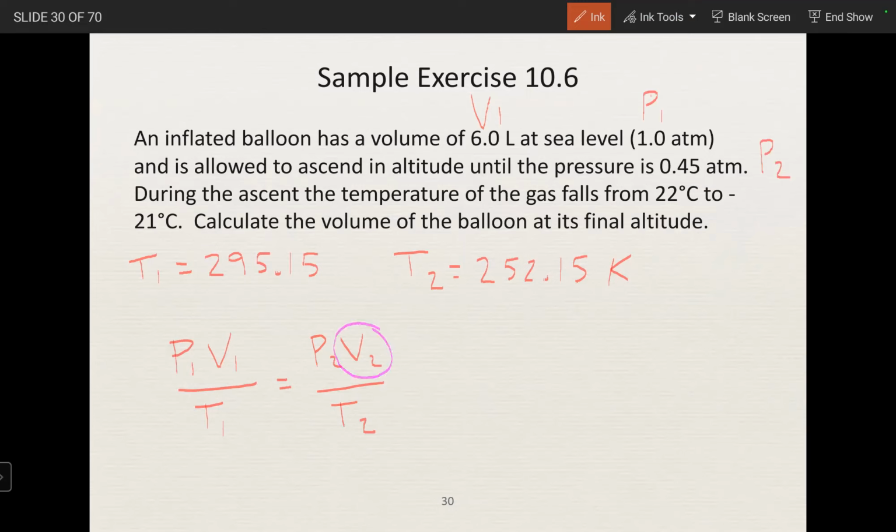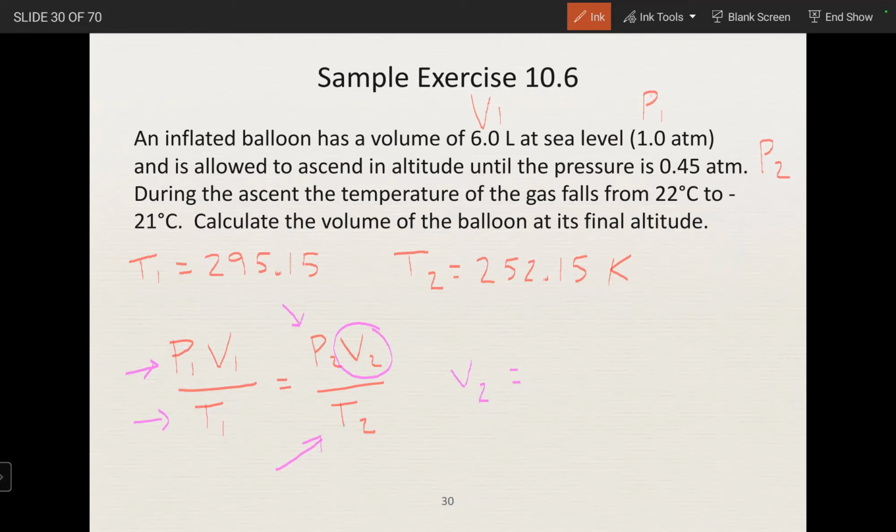We'll plug everything into the left, do that multiplication and division, cross multiply by the temperature on the bottom. So you could do 1 times 6 over here, divide by 295.15, cross multiply by 252.15, and then divide by that new pressure, the 0.45, and that's going to give you a V2 of, I have it written down, 11.39.